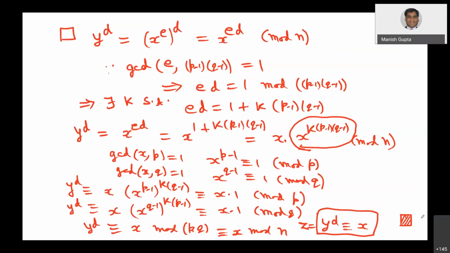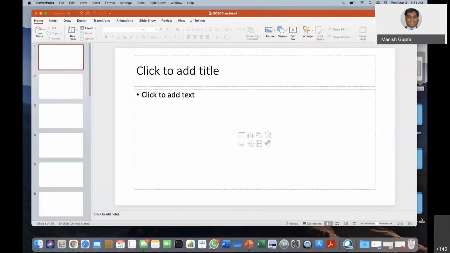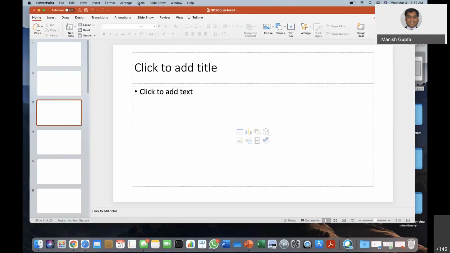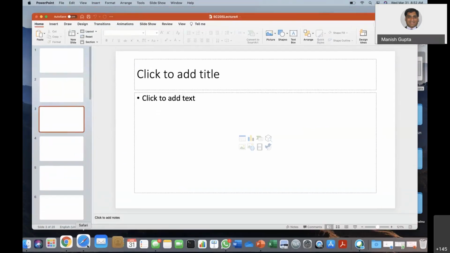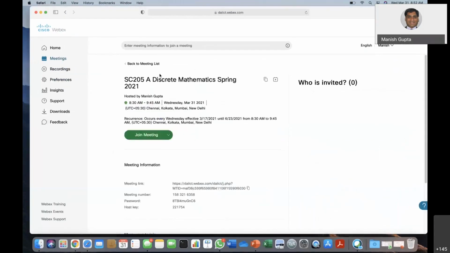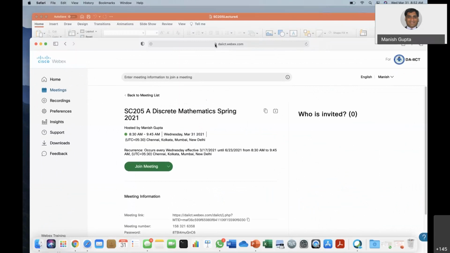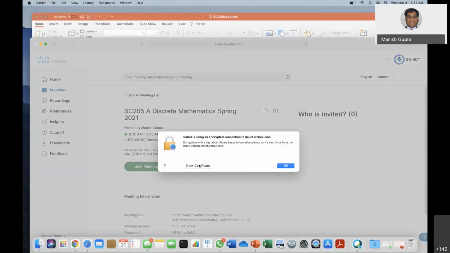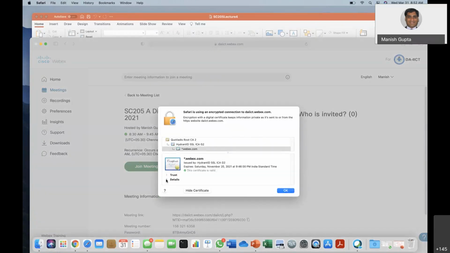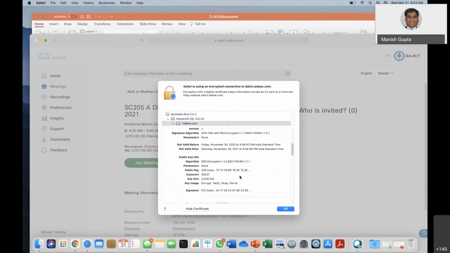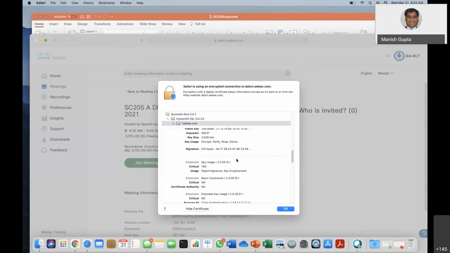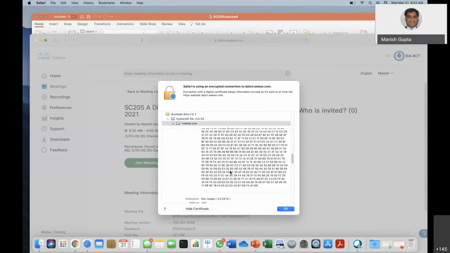So now this exponent and this n, I can show you that it works here on any secure site. If you see, for example, in this one, show certificate, go to details, you can see that here RSA crypto system.